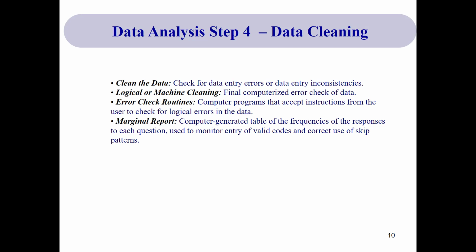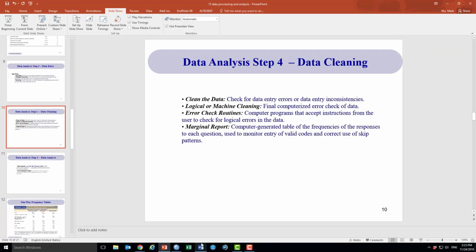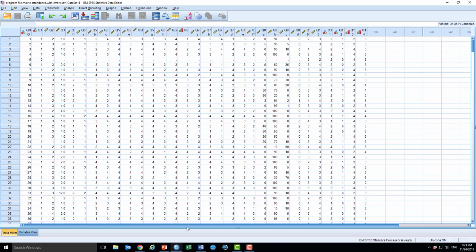Typically, most software programs have some sort of system to check the data to see if there are potential problems. I'd like to use SPSS as an example to take a look at how computer software can be used to identify potential data errors.